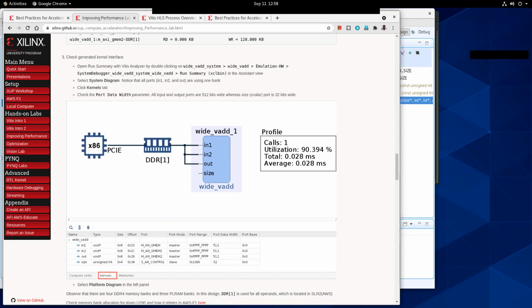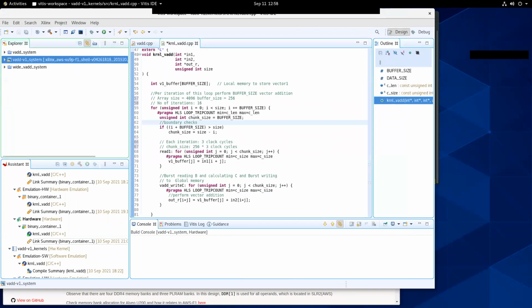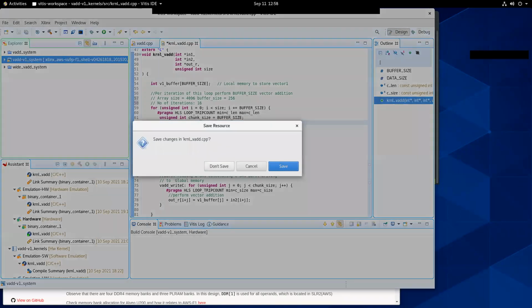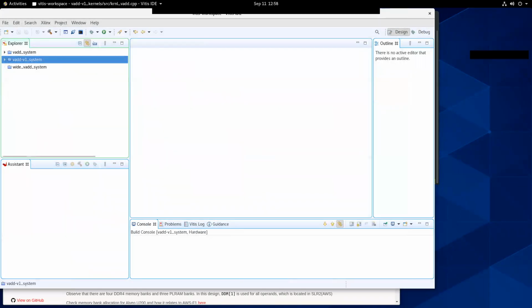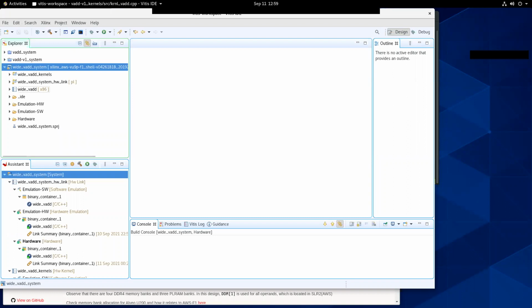So what we do here is in the second design, I don't know how many of you tried this out, there is one more example where we would like to use the full width of the DDR RAM. So let's take a look at the code here.